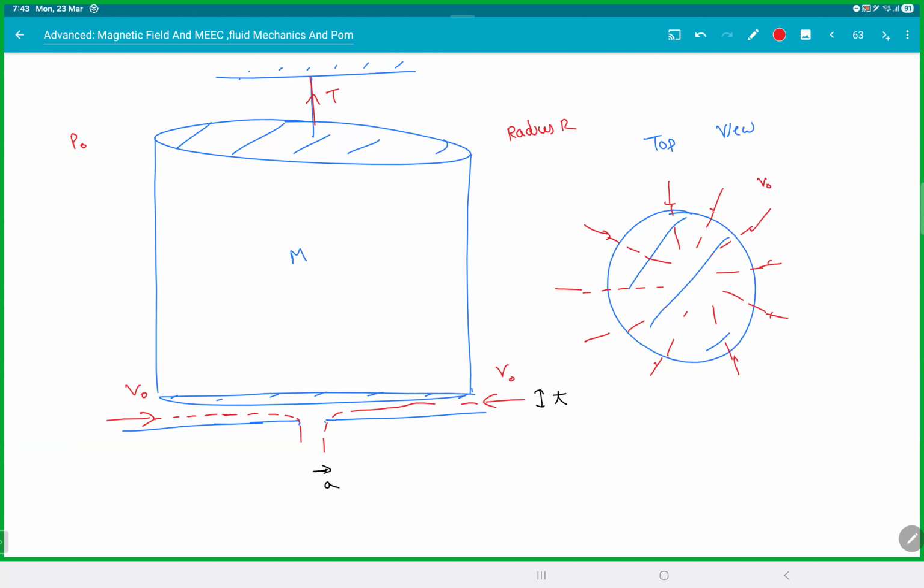So something happens because of the liquid flowing at the bottom. It does something. Find the tension in the string. Or I can simply ask you, find the force due to the liquid at the bottom of the cylinder. That's what I want to know.